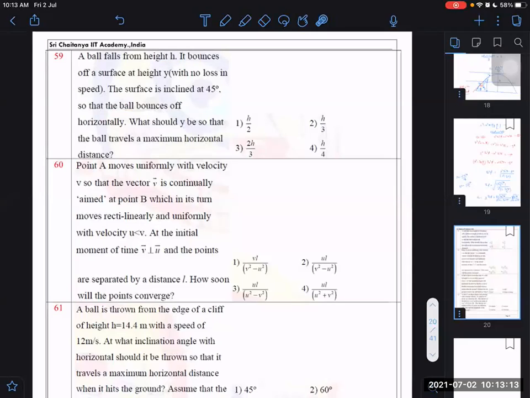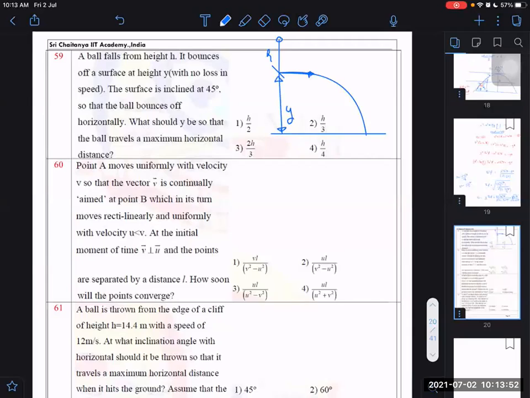Falls from h height. I think like I don't know exactly, but I think this way some small surface is there, and it is falling from h height, then becoming horizontal, then falling onto the ground. But this surface is also at what height?